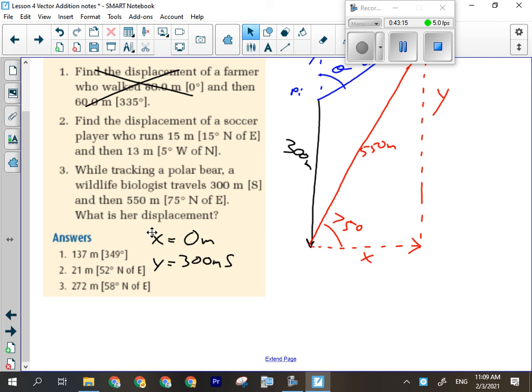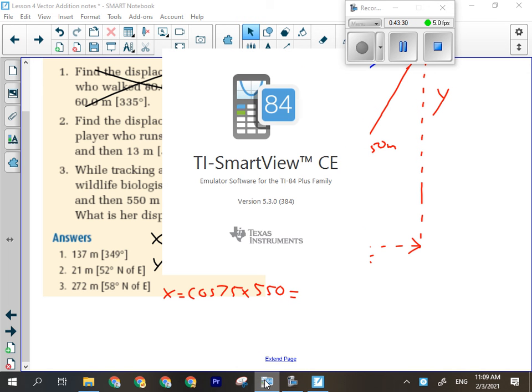Okay, the next one, the red triangle. We've got to find red x. Red x is adjacent to the 75 degree angle, so we're going to go cos of 75 times 550 meters.